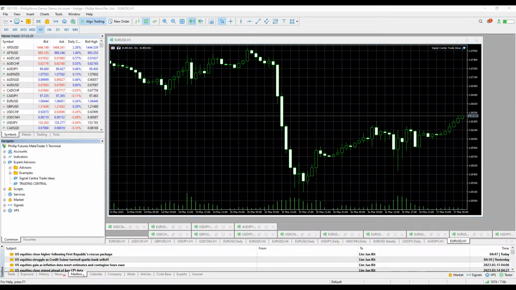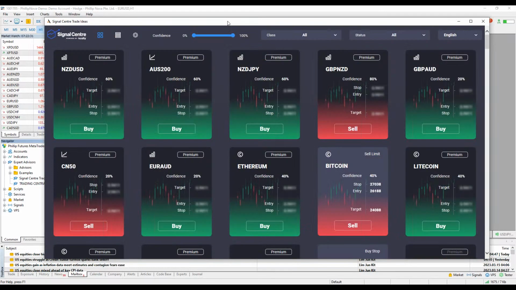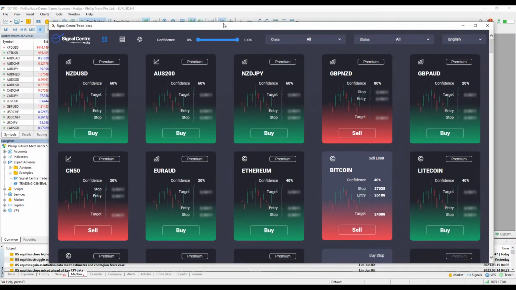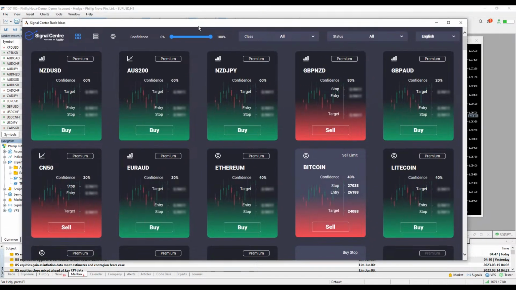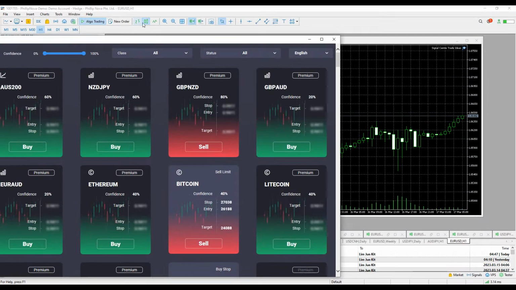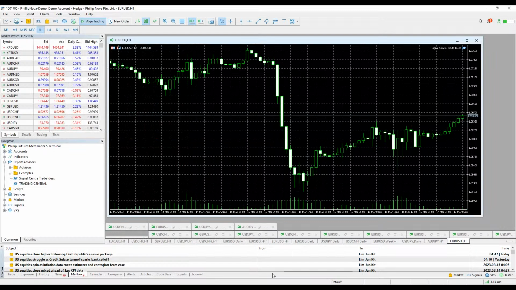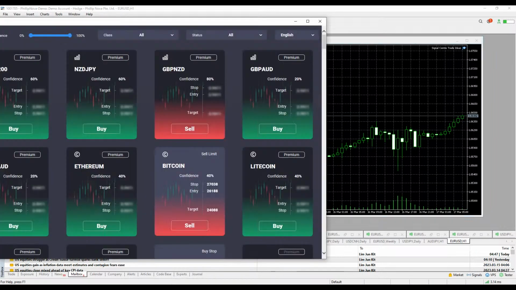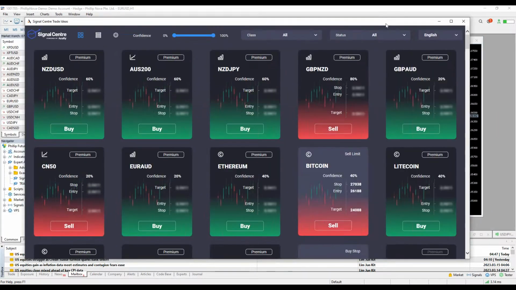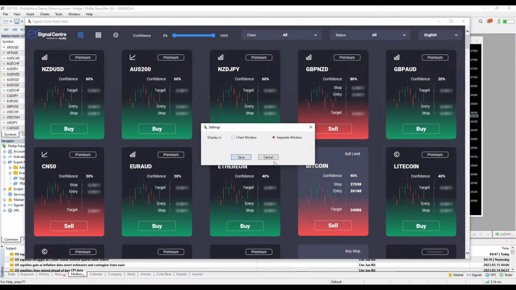What you are seeing right here is that I have launched this as a separate window. You can also choose to display this tool in the chart window itself. My personal preference, of course, is a separate window for easier viewing, so that is what this button is for.